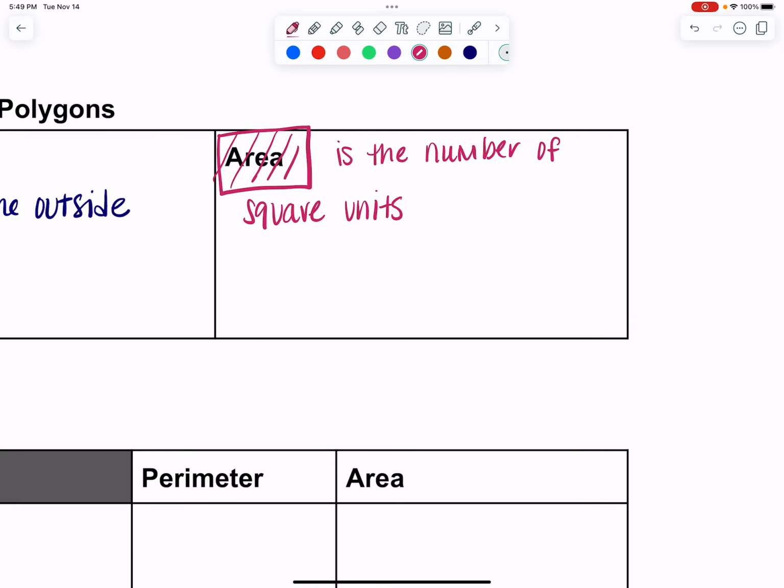The number of square units it takes to cover the inside of a polygon.